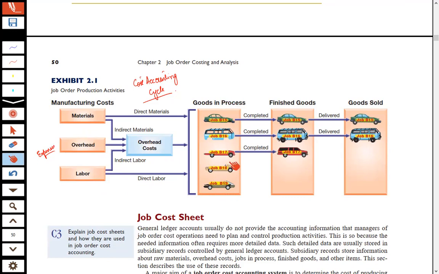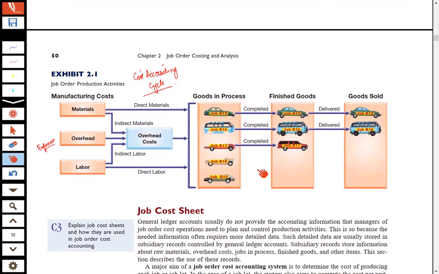After that process is run, some goods are completed as finished goods. It means that jobs B15, B16, and B7 have been completed, and they will be classified as finished goods and ultimately delivered for sale. And these others are not completed; they are still work in progress inventory, or just work in progress under the job order costing system.